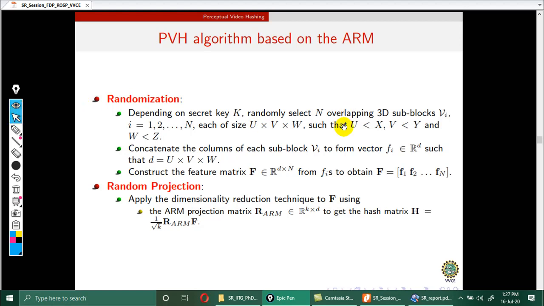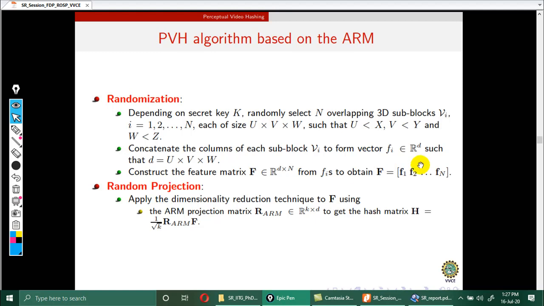Now these n vectors can be treated as n points in high dimensional space. We will apply the random projection technique on these n points. So we concatenate and form a feature matrix, where f1, f2, fn are all vectors, and the matrix is of dimension d cross n, where d represents u cross v cross w, and n represents the n vectors obtained from n subcubes.